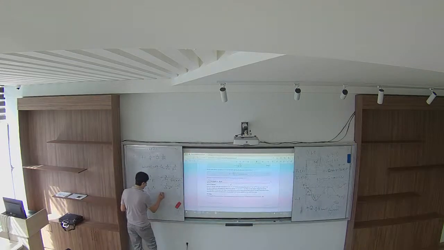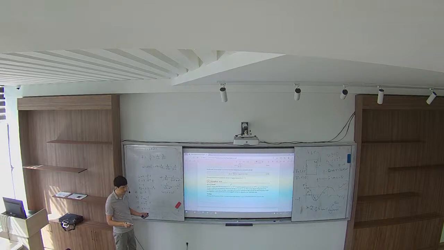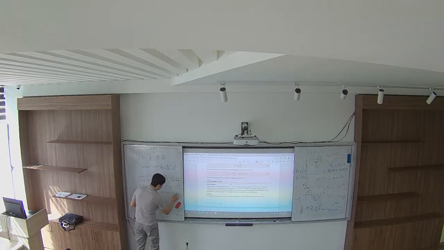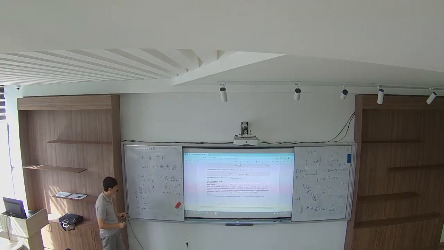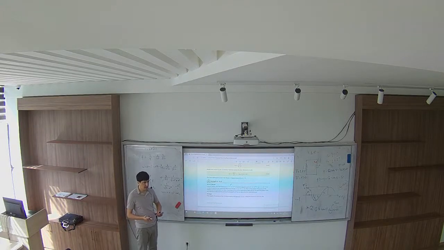So the omega is 2.5 times 10 to the 3, and the unit is radians per second, because it's angular frequency. The frequency has the unit second to the power of minus 1, or hertz.